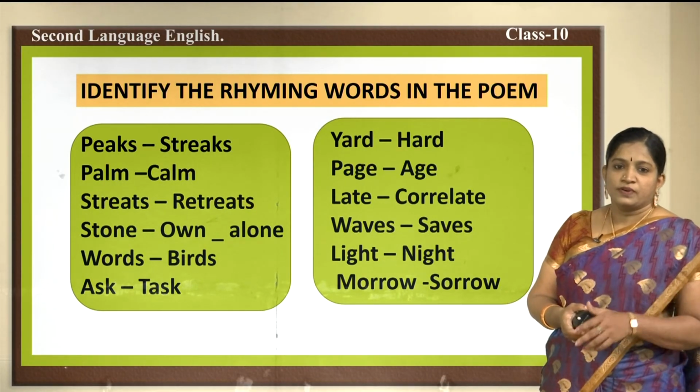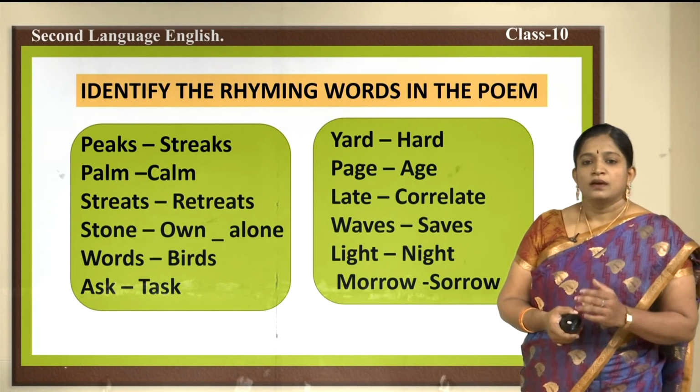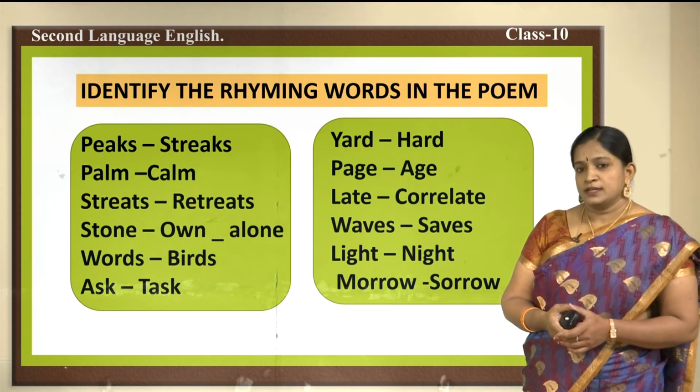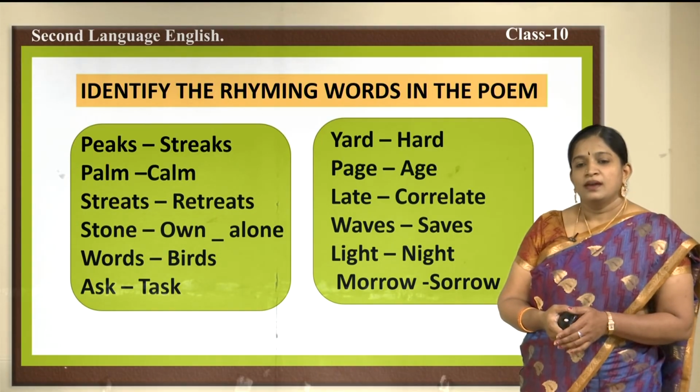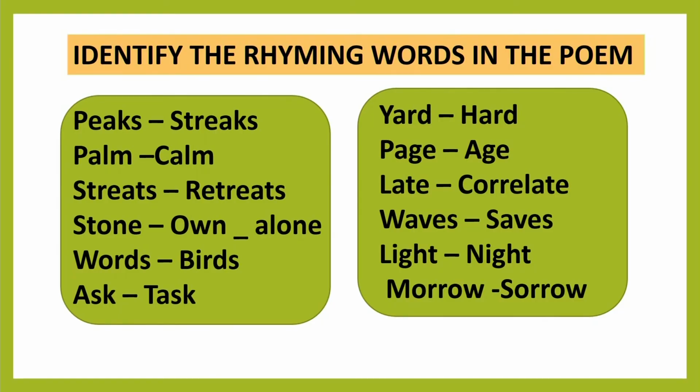You will get three words for this. Words, birds. Ask, task. Yard, hard. Page, age. Late, correlate. Waves, saves. Light, night. Morrow, sorrow. These are the rhyming words. You just point out this in your text.